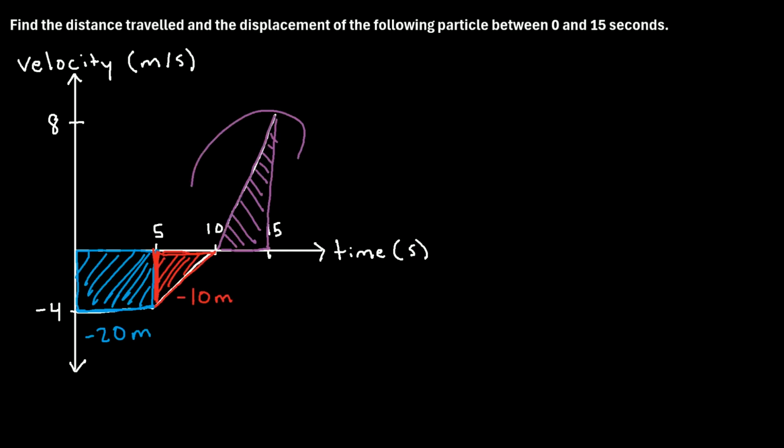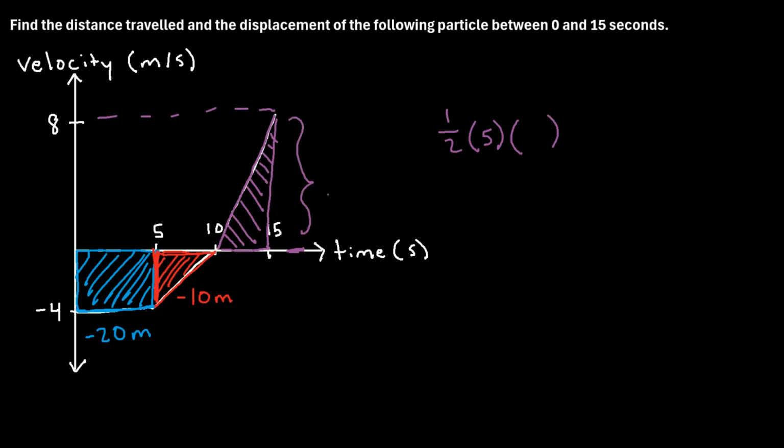And lastly, we need to find the area of this purple triangle right here. So again, we're going to use the formula 1/2 times base times height. So the base, let's call this side the base. That's the difference between 10 and 15, so that's 5. So we'll say 1/2 times 5 times the height of this triangle. That's going to be this side of the triangle right here, which looks like it's about from 0 to up here is 8.